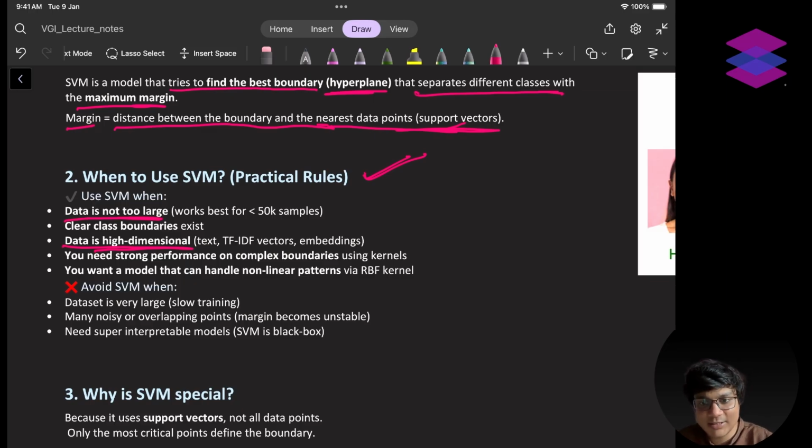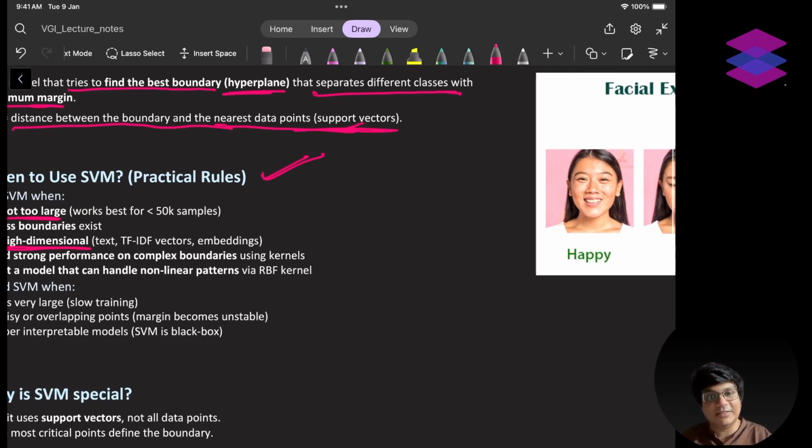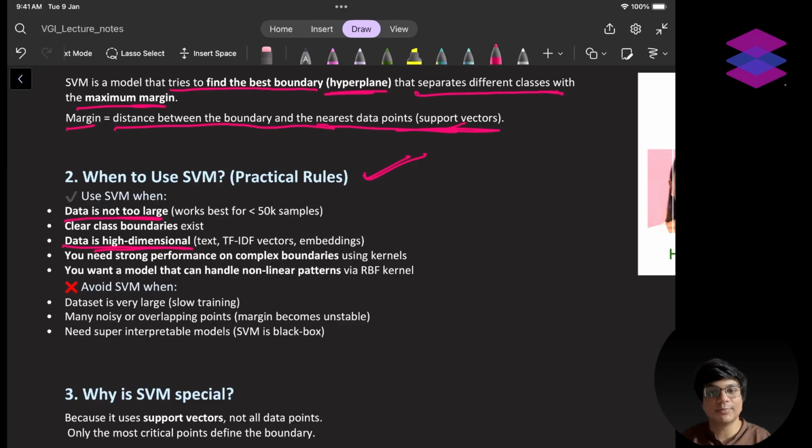You will see that the face embedding is not a one-dimensional or two-dimensional embedding, it's a multi-dimensional embedding. If you're dealing with text-based data, it is also a multi-dimensional embedding. So if you're dealing with data where the dataset is not too large but the dimension of the dataset is very high, you should use the support vector machine.